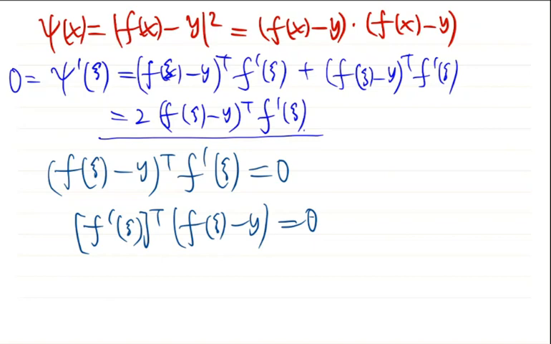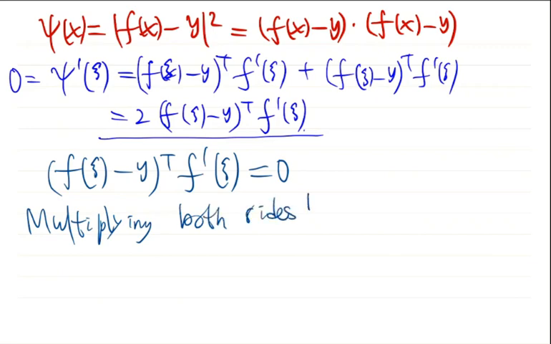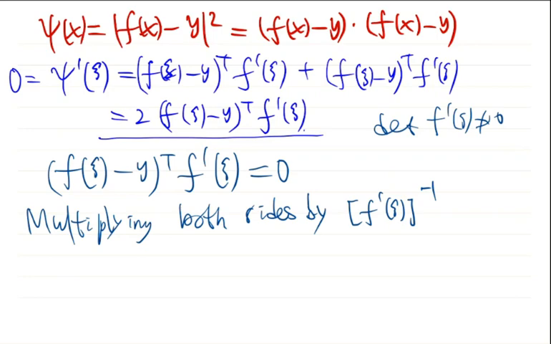But now this is an invertible matrix. Actually, we don't need the transpose. Sorry, we don't need this. Here is okay. Multiplying both sides by the inverse matrix of f prime C. Because the determinant is not zero, therefore the matrix is invertible.